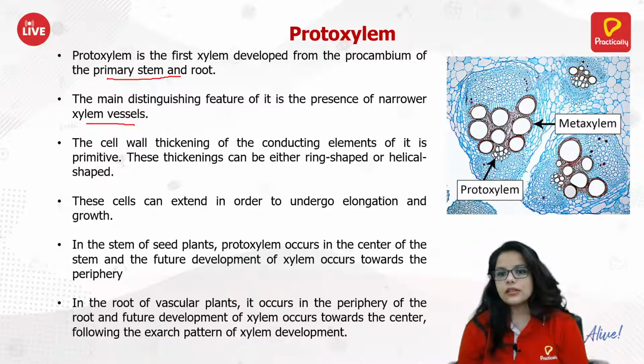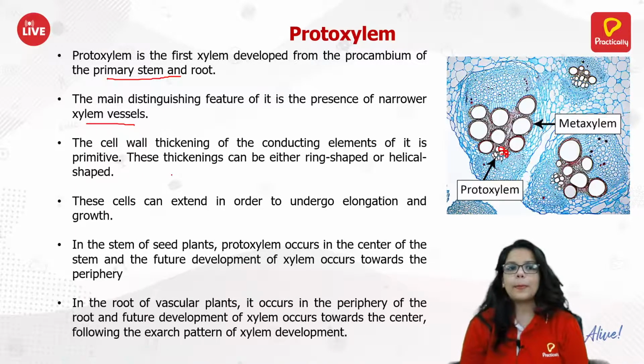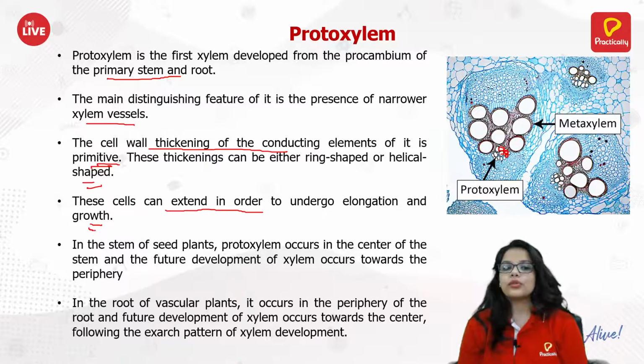You can see here, these are the protoxylem. The cell wall thickening of its conducting elements is primitive in nature. These thickenings can be ring-shaped or helical. These cells can extend in order to undergo elongation and growth.